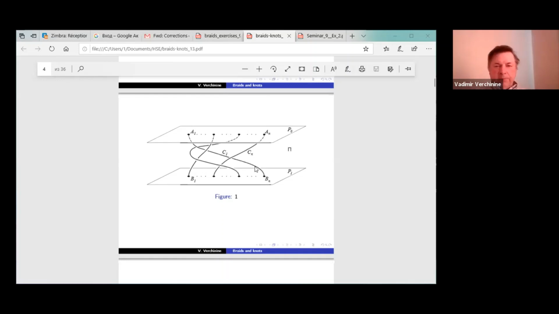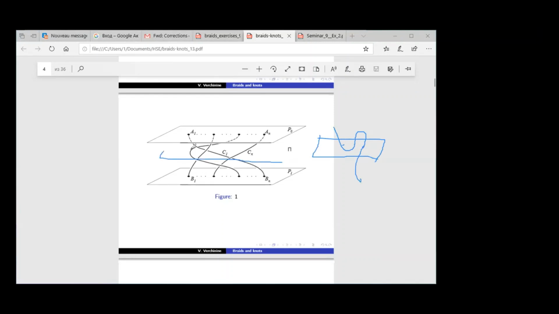The only condition is that the situation is monotonic, so if you make a section by any plane.